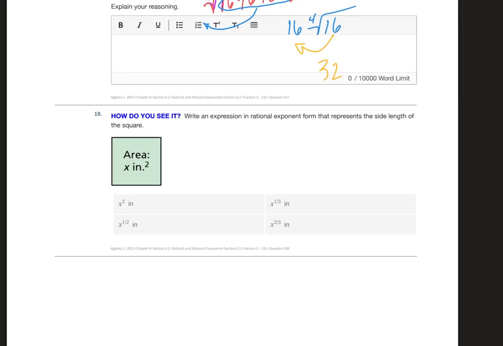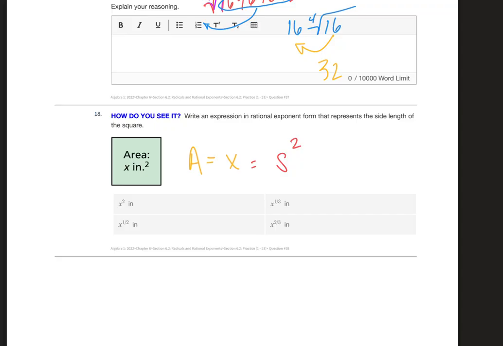Okay, write an expression in rational exponent form that represents the side length of the square. So area of a square, area equals x inches squared. Well, the area of a square is the side squared.